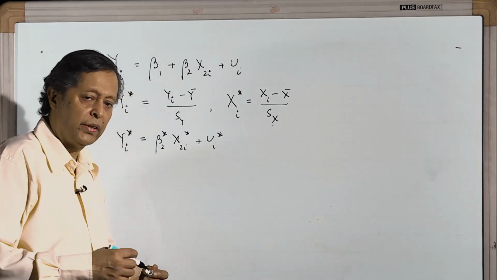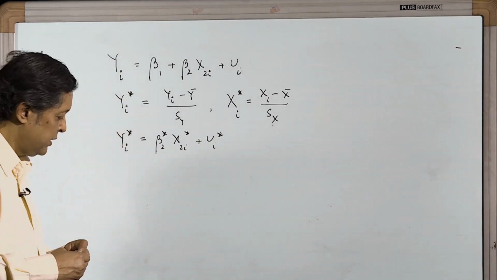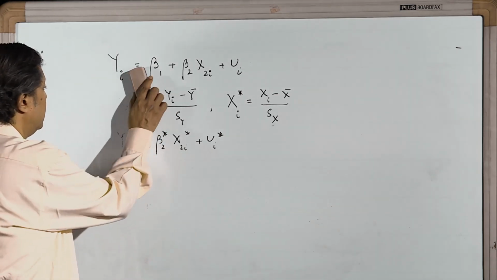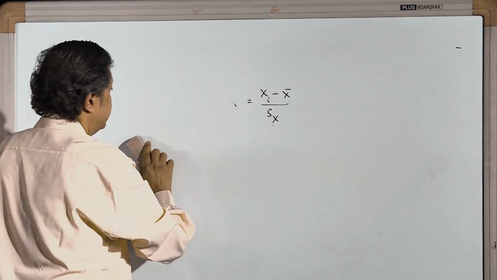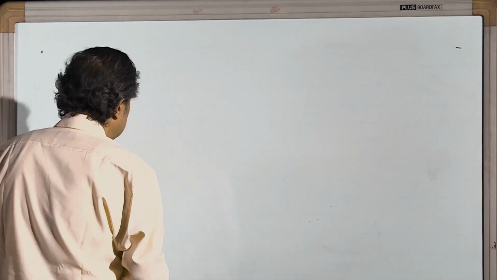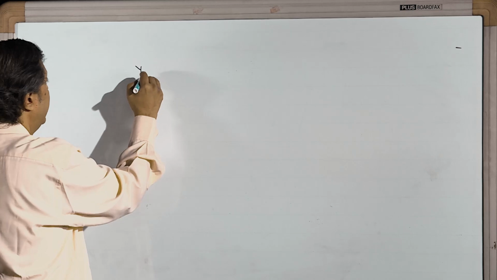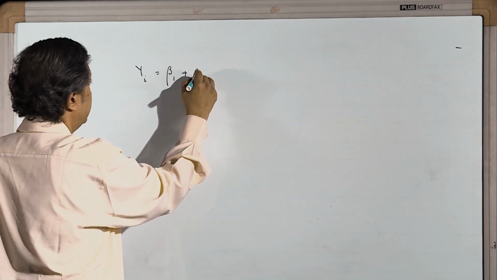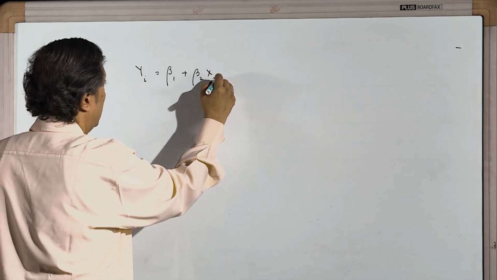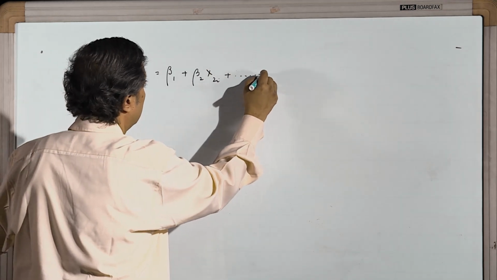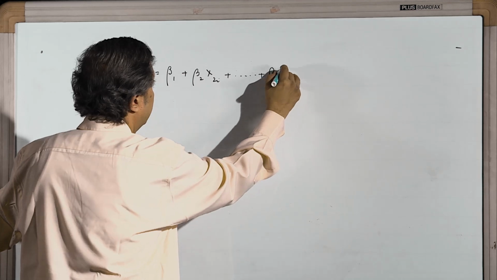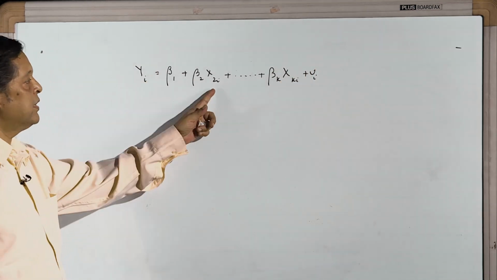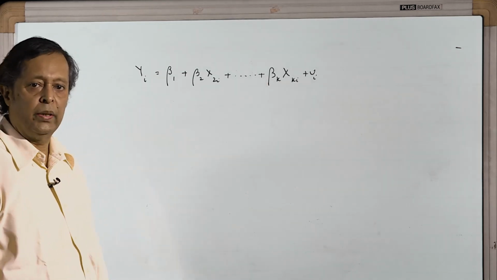Now, why do we do this? We do this because when we write a standard regression model, y I is equal to beta 1 plus beta 2 x 2 I plus dot dot dot beta k x k I plus u I, these variables are measured in different units.